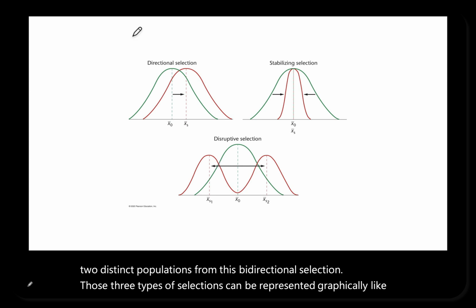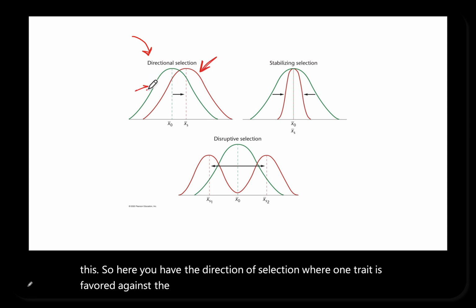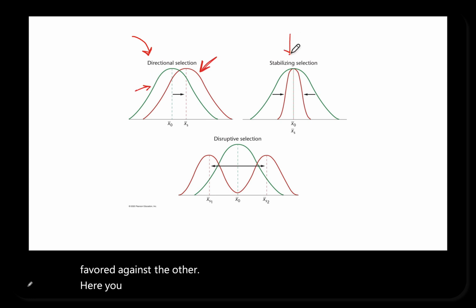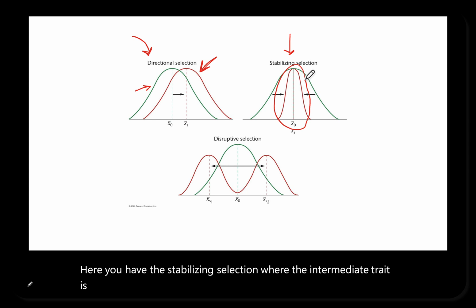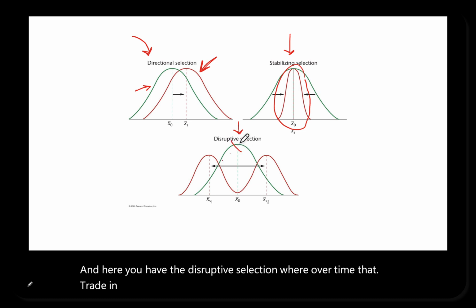So here you have the directional selection where one trait is favored against the other. Here you have the stabilizing selection where the intermediate trait is favored. And here you have the disruptive selection where over time the trait in between is selected against, and what's favored is the extremes.